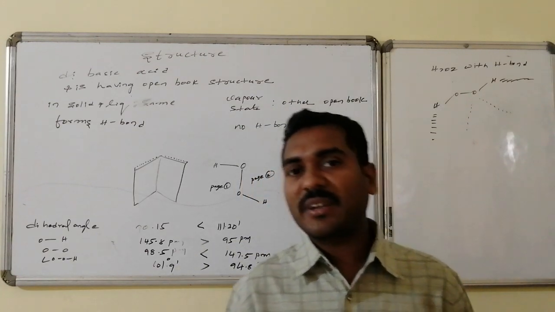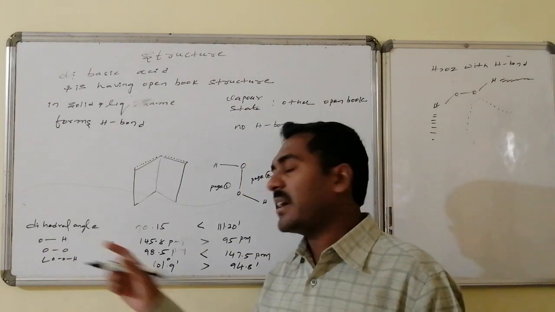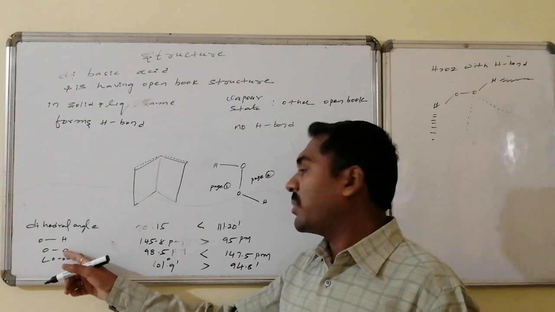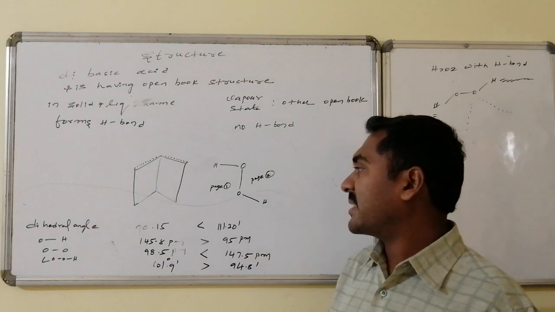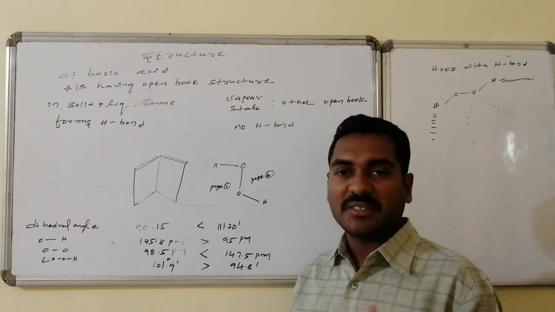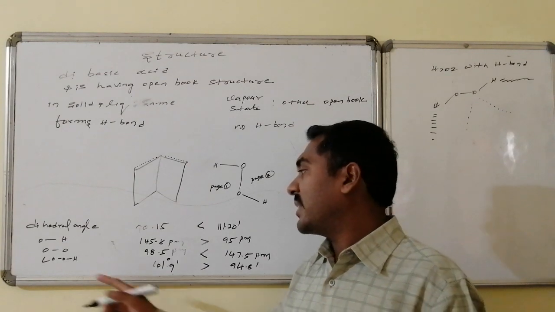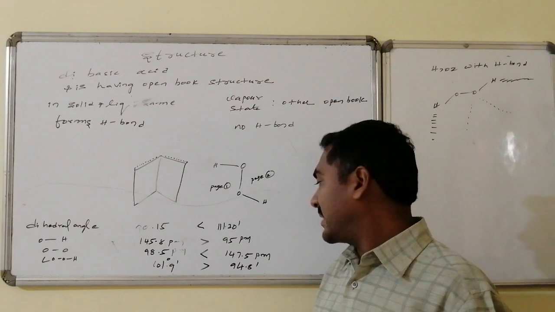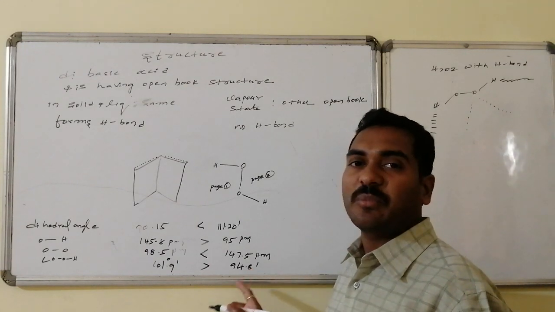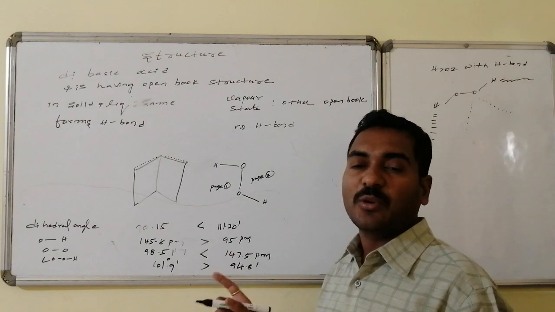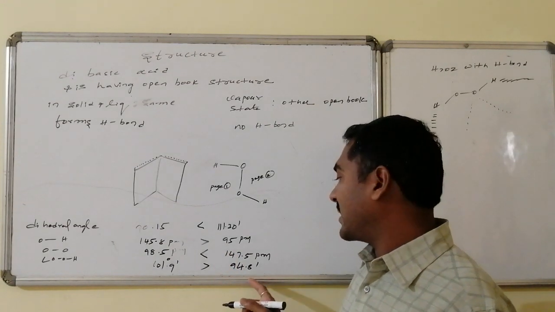Once again I draw your notice: the OH bond length in hydrogen bonding structures will be higher. Similarly the OO bond length will be smaller because more repulsions are there. The dihedral angle is smaller in hydrogen bonding because it wants to adjust to a regular shape, whereas the OH bond angle will be maximum in the solid state compared to the other, because hydrogen bonding dominates, and the lone pair and lone pair-bond pair repulsions decrease.